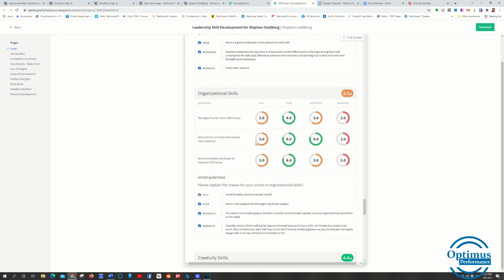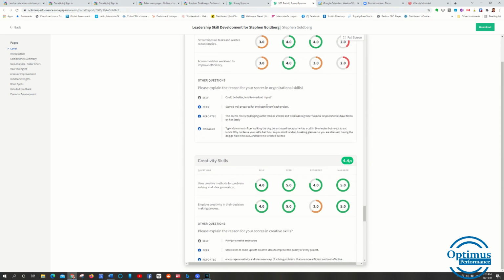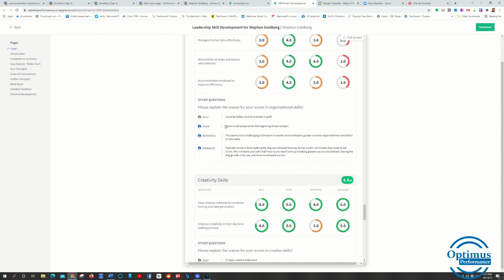So I just want to scroll here to the organizational skills. This is where my manager scored me the lowest at 2 on the 3 questions, and I scored myself actually 3. So there's not a huge gap.